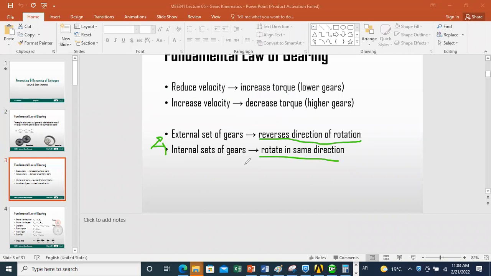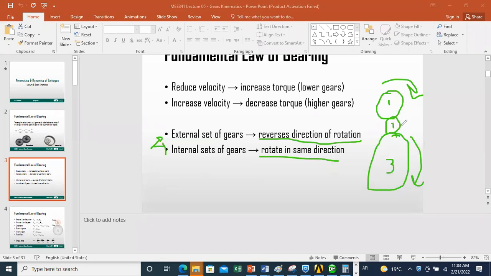Again, I'm just considering two gears, but we'll see together that you can have, for example, three gears in external set. So if the number of gears in external set is an odd number, then the input angular velocity will be the same as the output angular velocity. Because let's say 1, 2, 3: 1 and 2 will have opposite angular velocities, and 2 and 3 also will have opposite angular velocity.